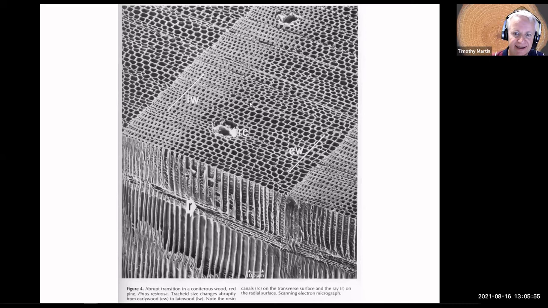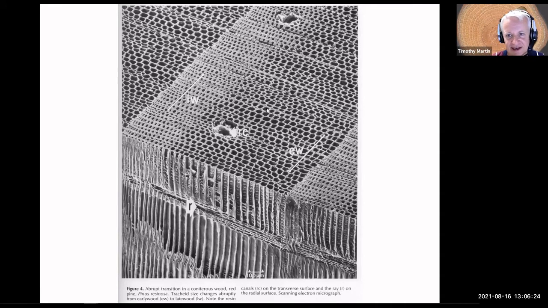This is red pine. This is the cross section on this surface, and then this is a section through the side. If we had a cylindrical tree stem, the cross section would be looking at the end. But if we cut this way and looked at it from the side, that would be this. This is a radial surface, if we took like a pie wedge out of it.